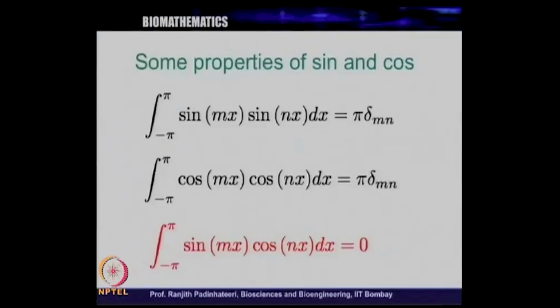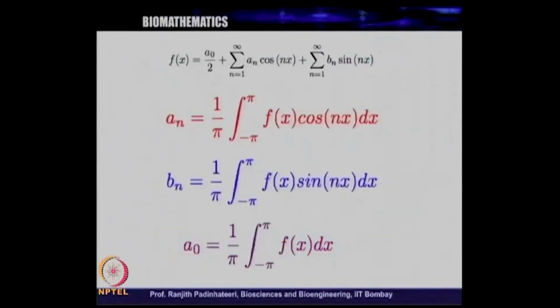The way to calculate the coefficients is, let's look at this definition once more. According to this definition, a n is given by 1 by pi, integral from minus pi to pi of f of x cos n x dx.